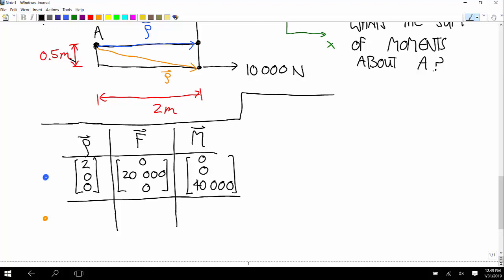That's right. So positive 2 in the x direction, and then down 0.5, so negative y direction. So 2, negative 0.5, 0. And then what are the components of the force vector? Yep, 10,000, 0, 0. And now the cross product is 0, 0, 5,000.